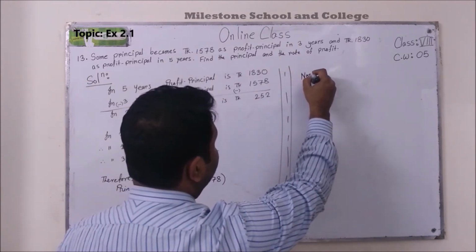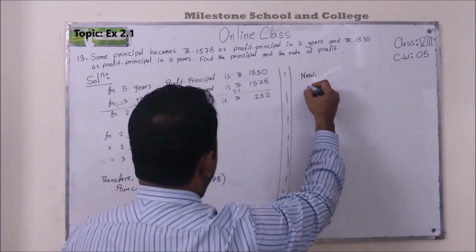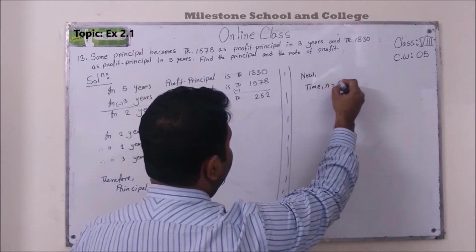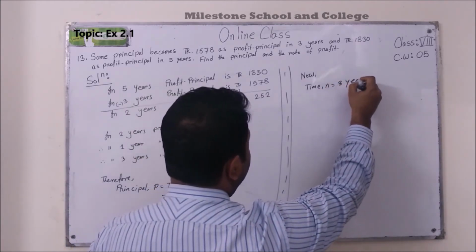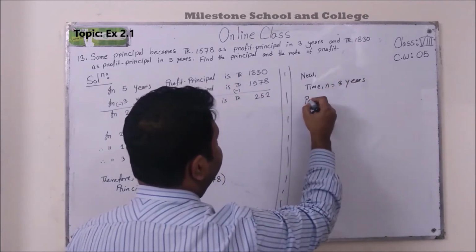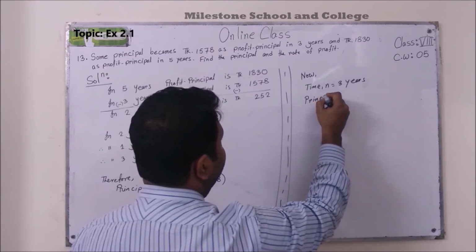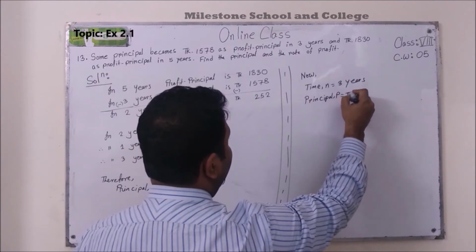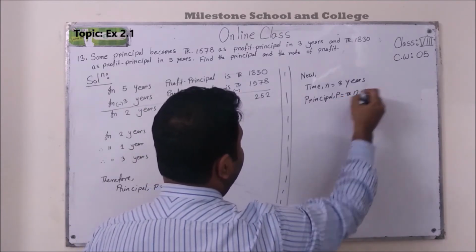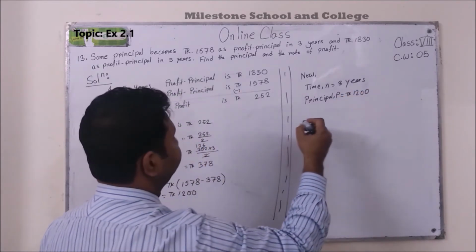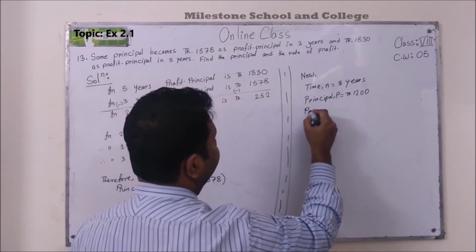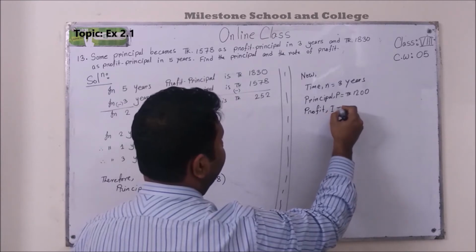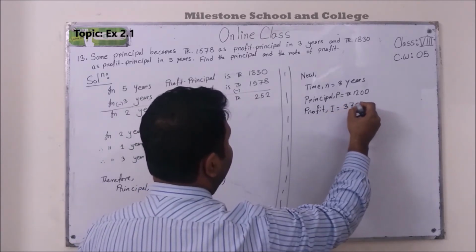Now time n equal to 3 years, principal P equal to taka 1200 and profit I equal to 378.